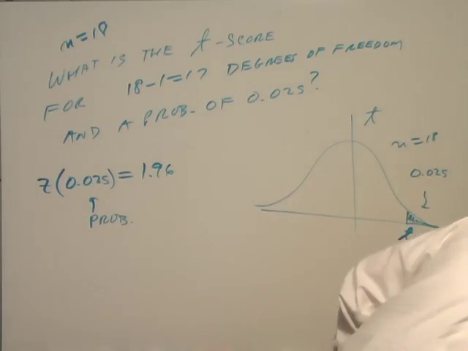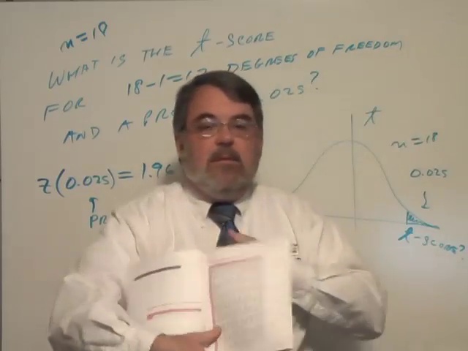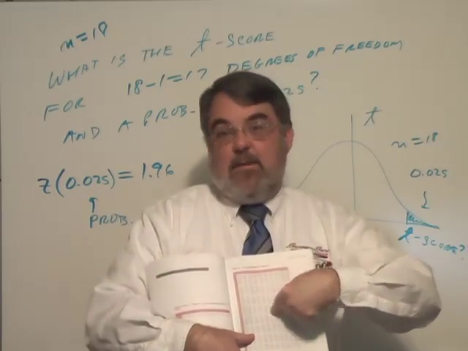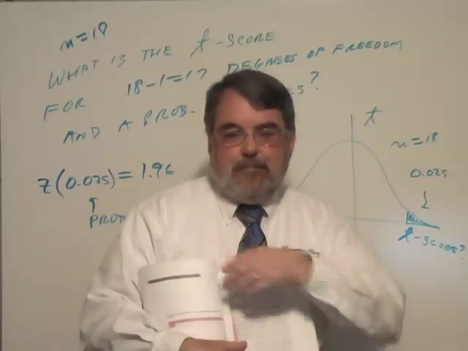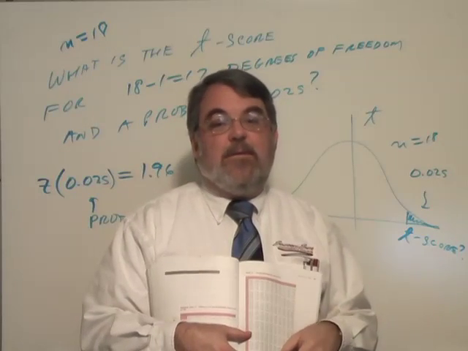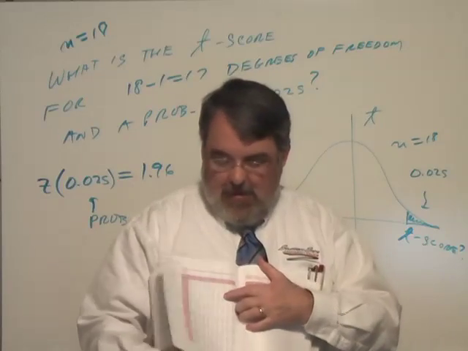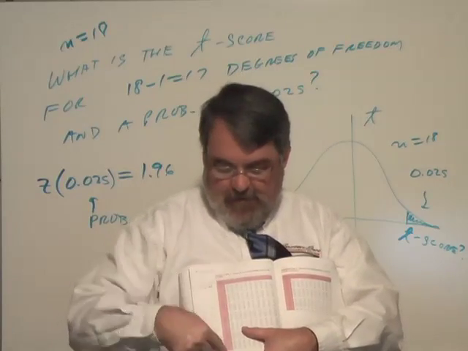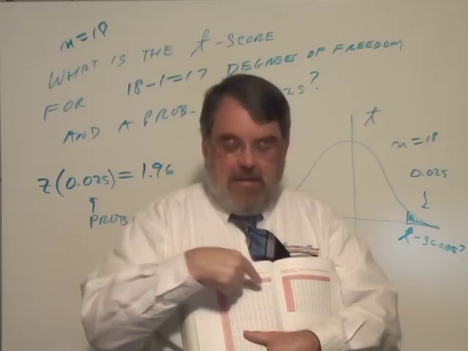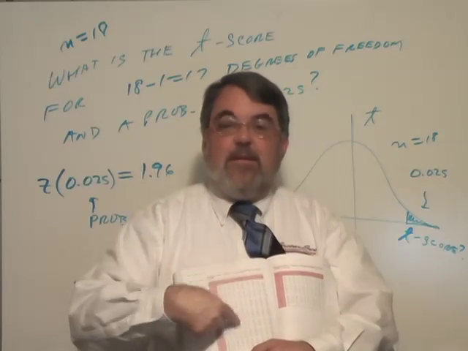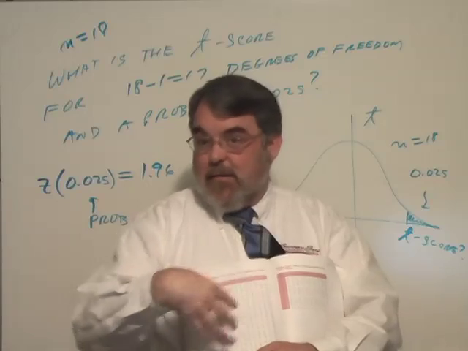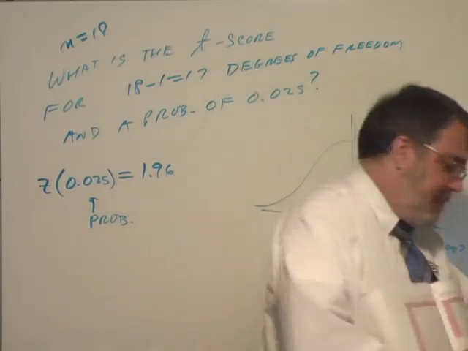So notice that probabilities are in the black and white section of this chart. Now when you turn the page to the t-distribution, it's backwards. The probabilities are found in the pink, and the t-scores are found in the black and white. So it's backwards that way. That's what I meant.